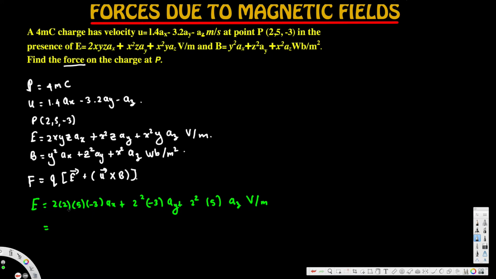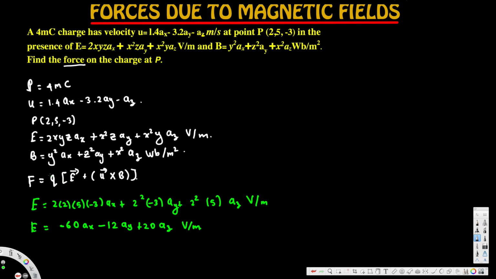So 2 times 2 is 4, times 5 is 20, times negative 3 is negative 60 ax, plus, and here we have a negative, so 4 times negative 3 is minus 12 ay, and then 2 squared, 4 times 5, that's 20 az volts per meter. This is our electric field.